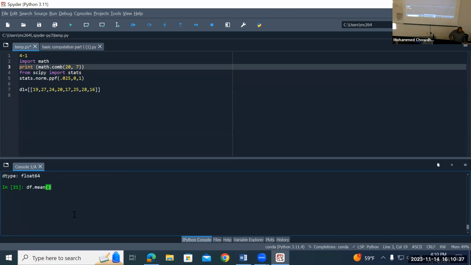Control V, and then I have to change here, instead of norm I want to put here t, and then degrees of freedom I have to put here, n minus 1, that is 8 minus 1. 1, 2, 3, 4, 5, 6, 7, 8, that is the 8 students, right?